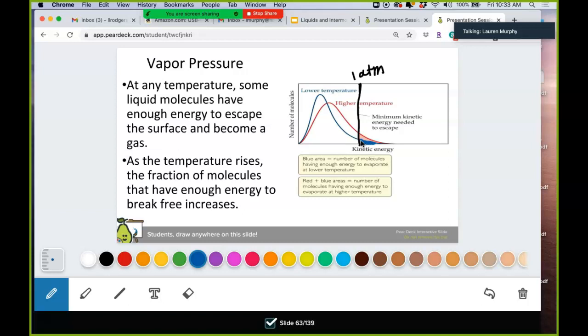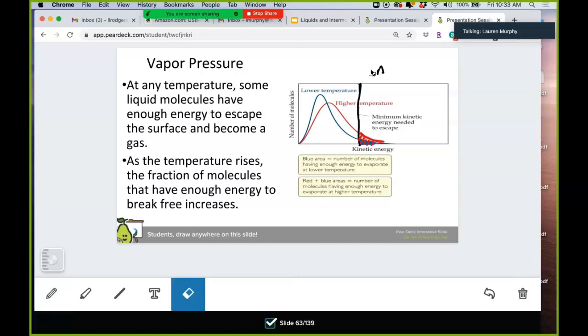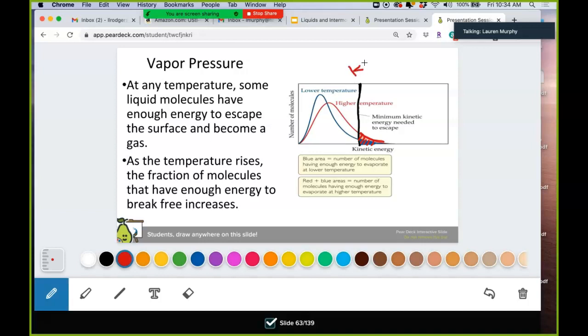You have fewer molecules escaping into the gas phase, whereas if you heat them up and they have more energy, you have more area under the curve, therefore more molecules are able to meet and exceed this amount of energy. I guess I shouldn't say 1 atmosphere. This is minimum kinetic energy, whatever this is.